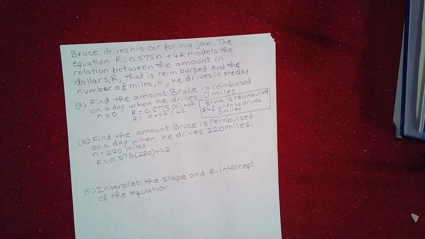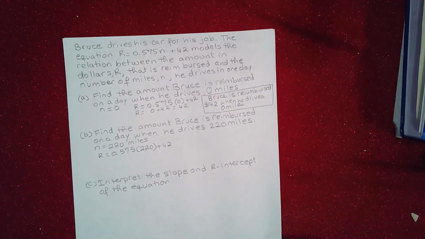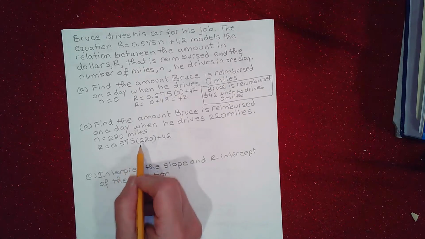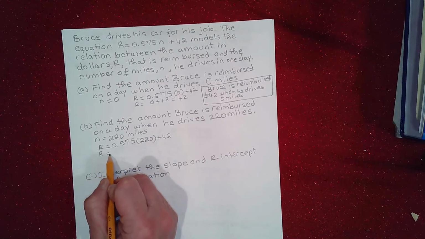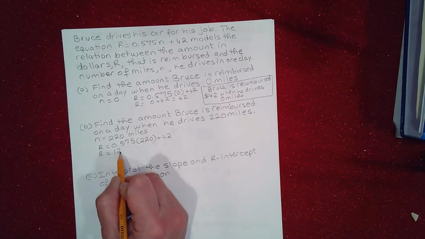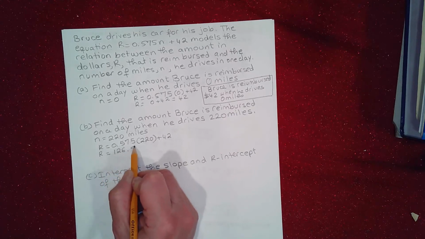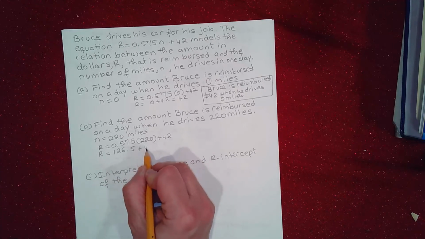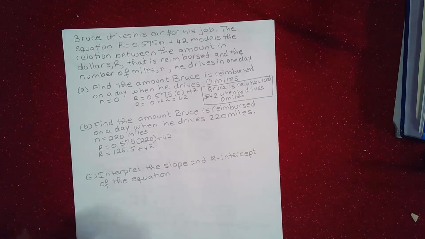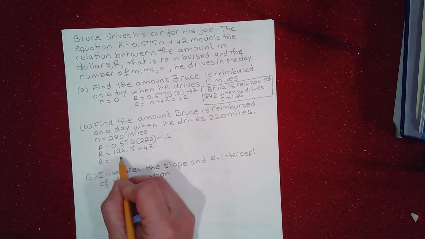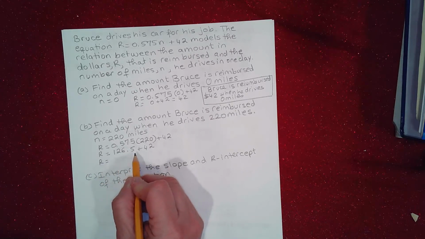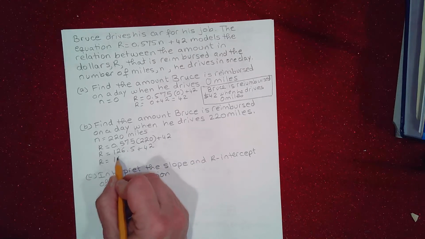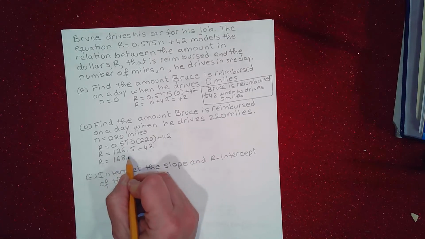So now you can bring your calculator and multiply 0.575 by 220 to get the value. So R gives us $126.50 plus 42. So R, you just add those up. 126.50 plus 42 gives you $168.50.